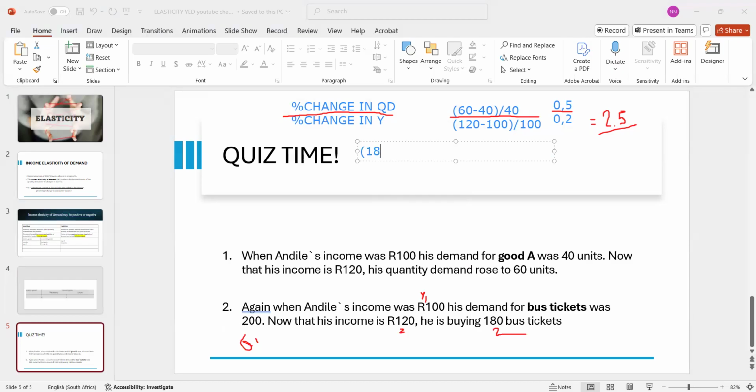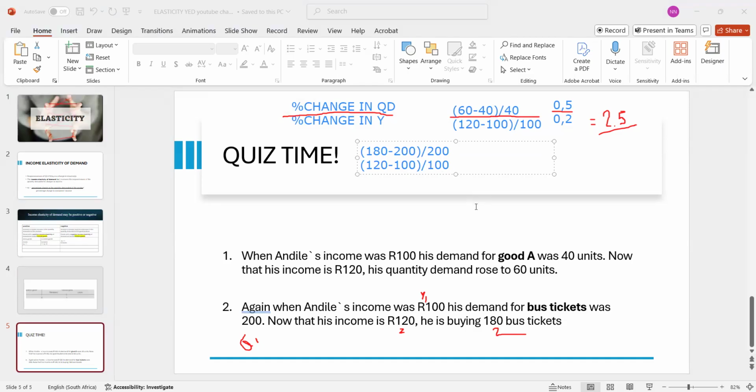You're going to say new minus old, so Q2 minus Q1, which is 200, divided by Q1, which is 200, all over Y2 minus Y1. Y2 is 120 minus your Y1, which is 100 rand, divided by Y1, which is 100. And then you punch in your calculator.